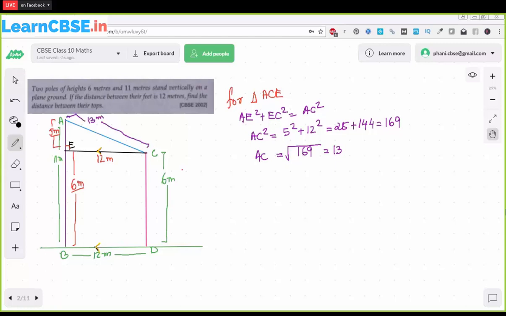And that will be the answer, that the distance between their tops is 13 meter. That will be the solution for this particular question.